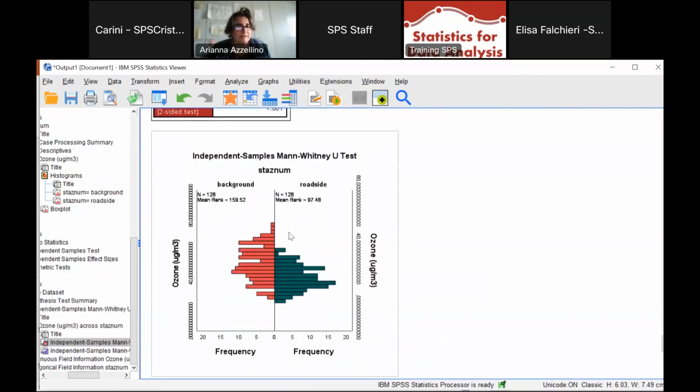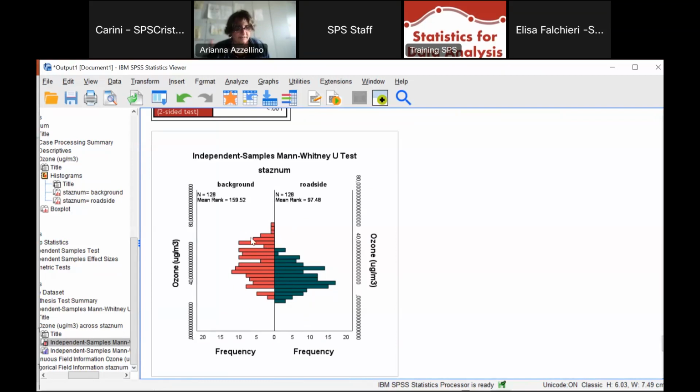In this chart, the software is also comparing the distribution of the two station data, and it's very evident here that the background has a right tail of higher values, which are not even there in the roadside distribution.